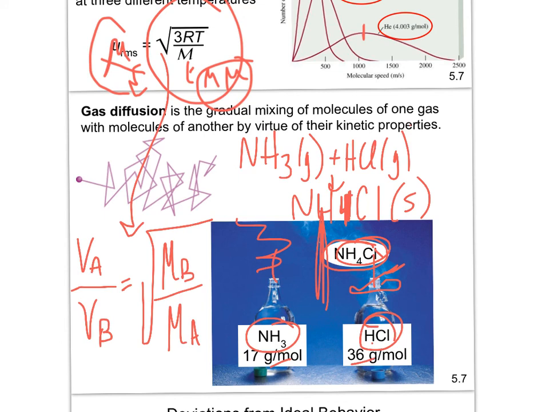You would just put one on top, one on bottom, and instead of the molar mass of A and the molar mass of B, you'd find that there would be a flip that happens here.